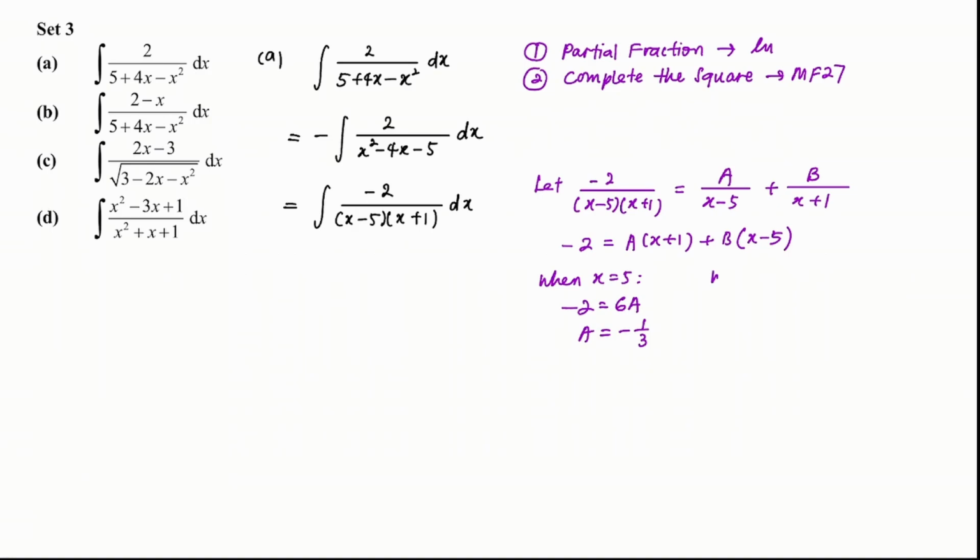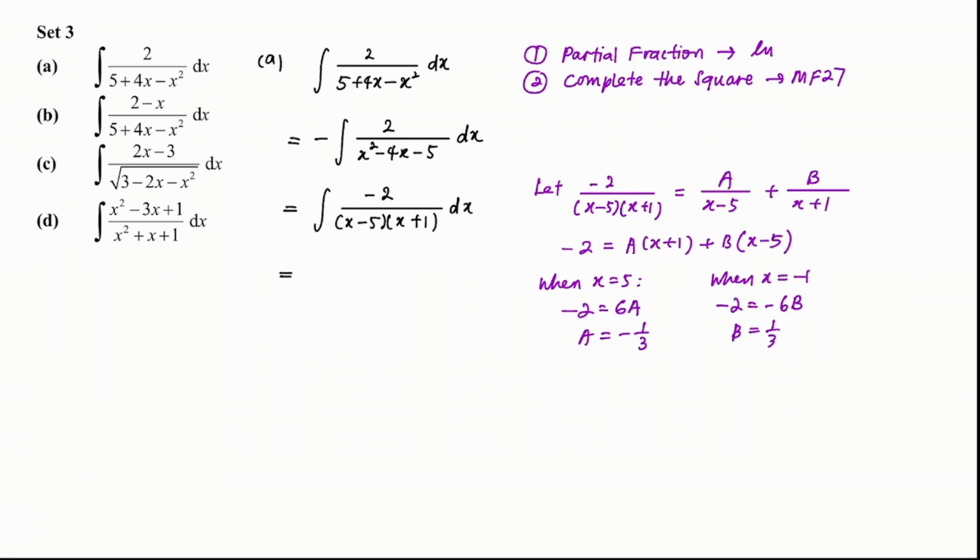Then when x equals -1, which makes the other bracket 0, on the left hand side is -2, on the right hand side is -6b. So b would be a positive 1/3. Because of that, I can change the fraction to look something like this.